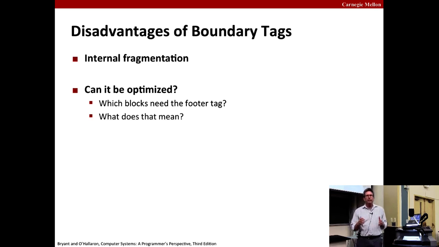Each block's size has to be a multiple of 8 so that the block that follows it in memory is aligned properly. So because of the alignment requirement of 8 or 16, you're guaranteed that the sizes of blocks are always multiples of either 8 or 16. And so you're guaranteed that either 3 or 4 bits are all zeros.